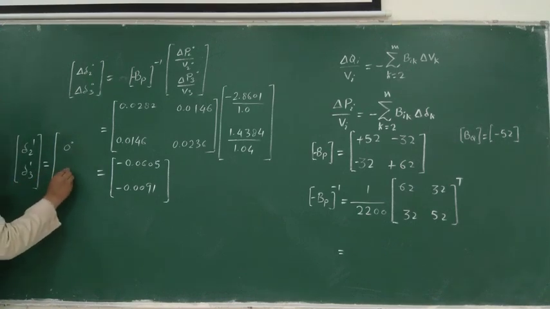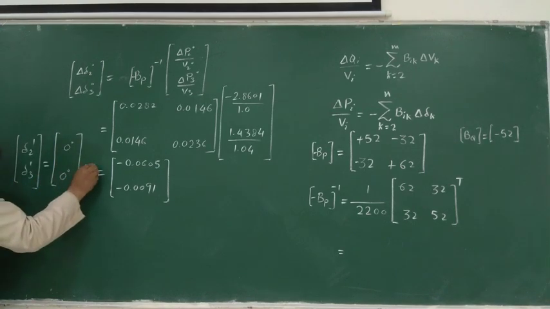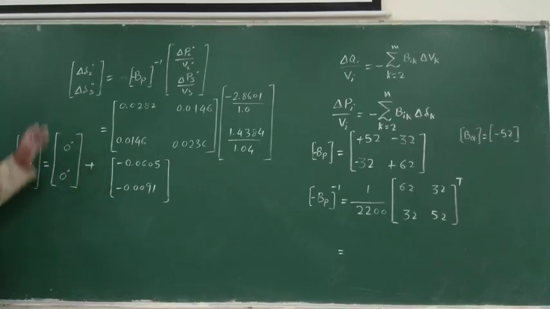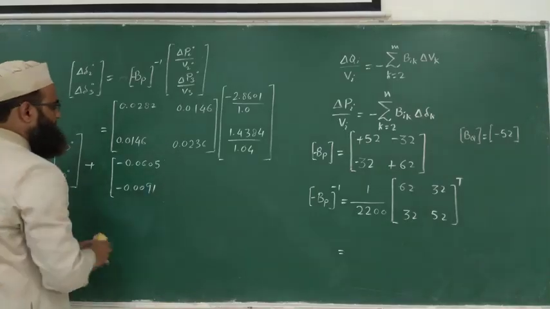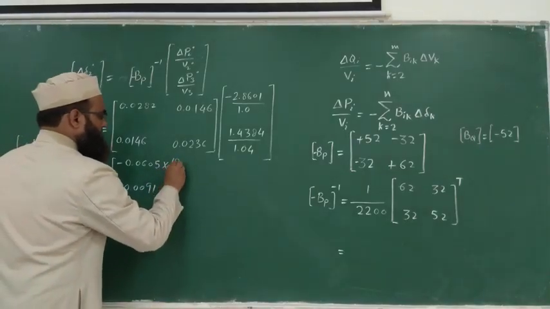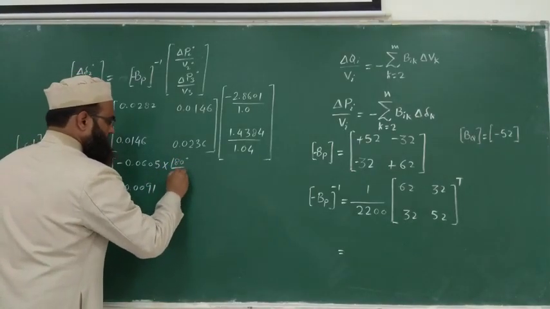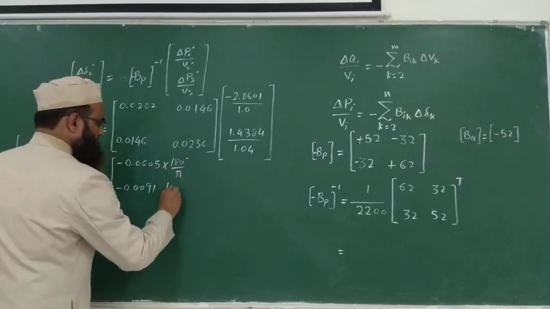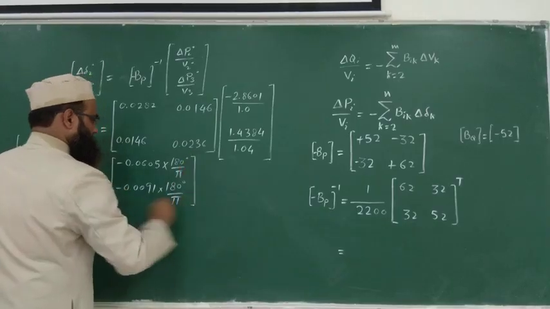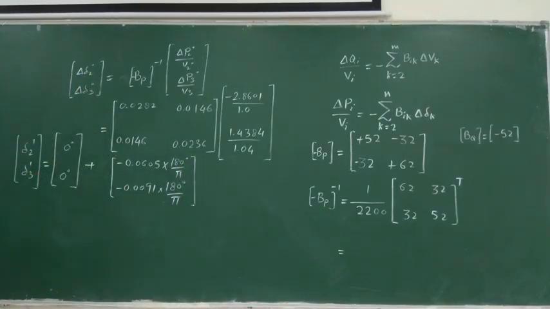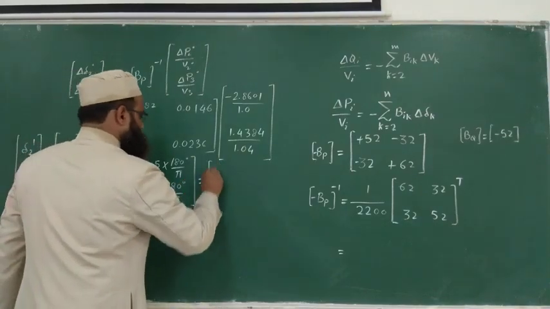This also assumed at 0 degree, plus these values del delta 20 and del delta 30, but these are in radians, hence multiply with 180 degree upon pi. Here also 180 degree upon pi. So tell me the final values of delta 21 and delta 31 in degrees.